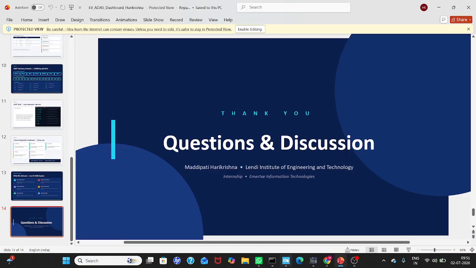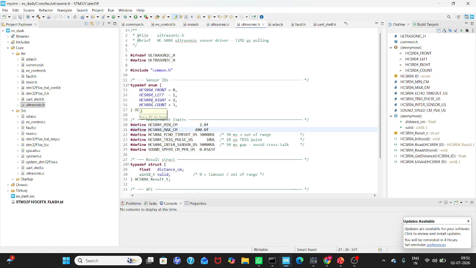Next thing, this is our code for the EV dashboard. And here we are using ADAS.h, common.h, evcontrol.h, and many other header files and source files.